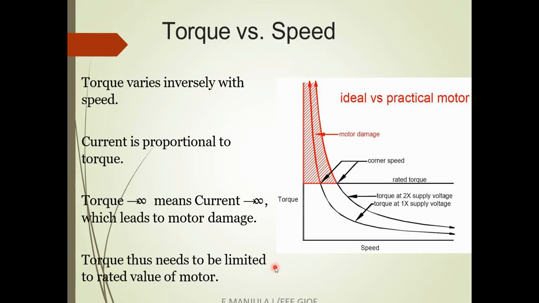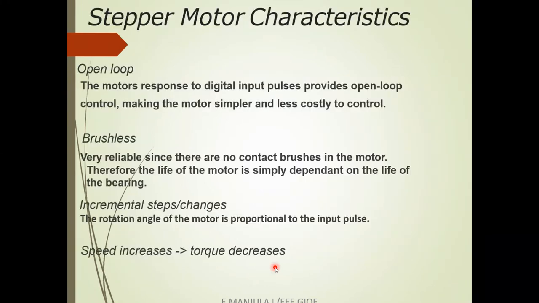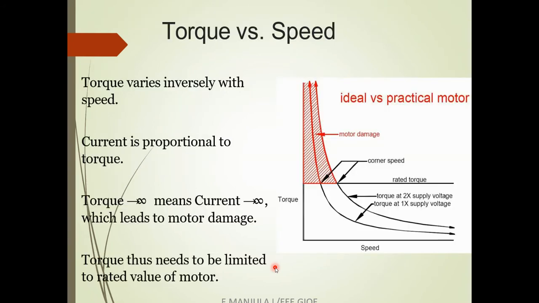Now we'll see the torque versus speed characteristics. In the previous slide we saw that as speed increases, torque decreases, so both are inversely proportional. Torque varies inversely with speed. Current is proportional to torque, and if torque is infinite then current is infinite, which leads to motor damage.